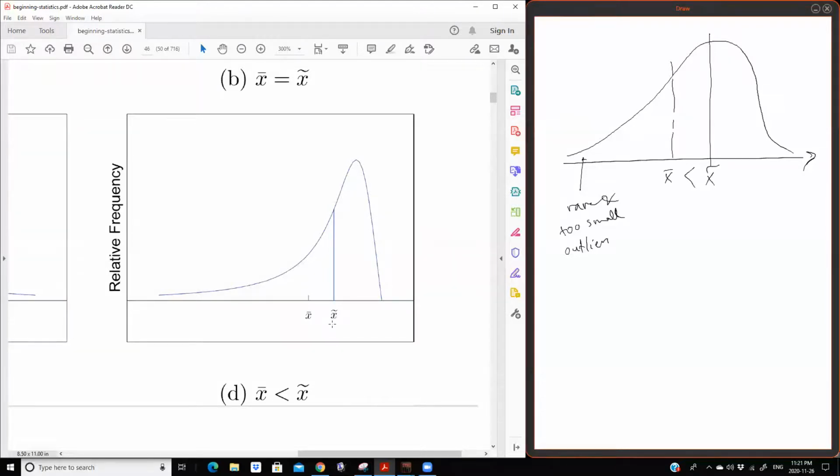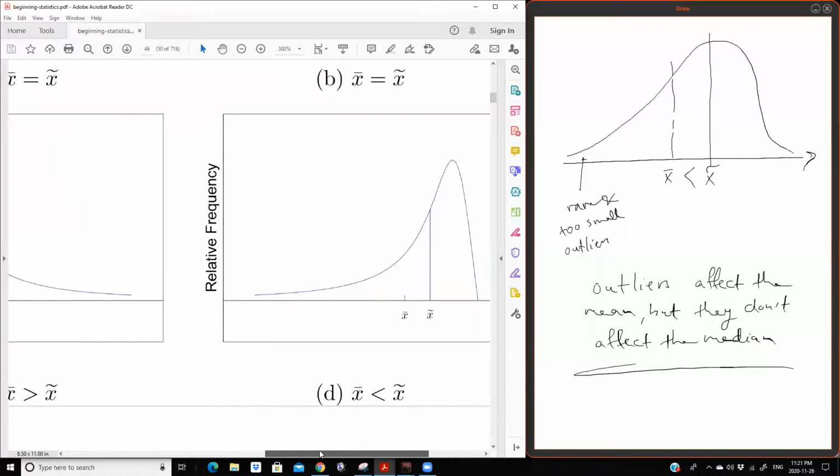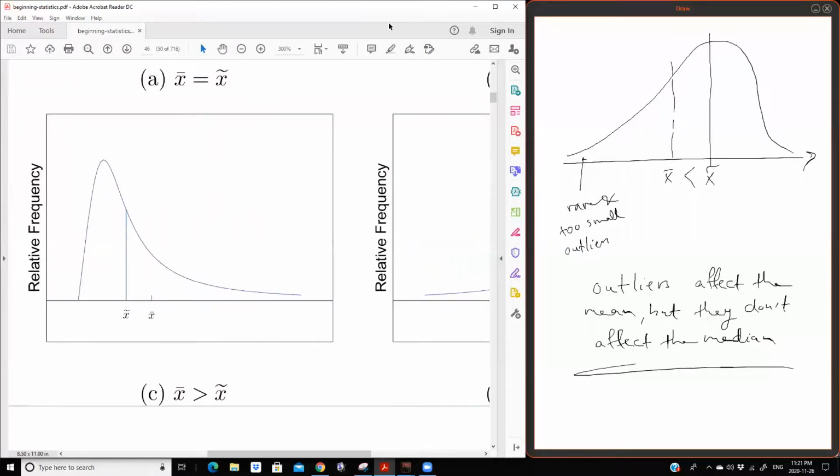Yes. So what you need to understand here is that outliers affect the mean, but they don't affect the median. You're good? Any questions?